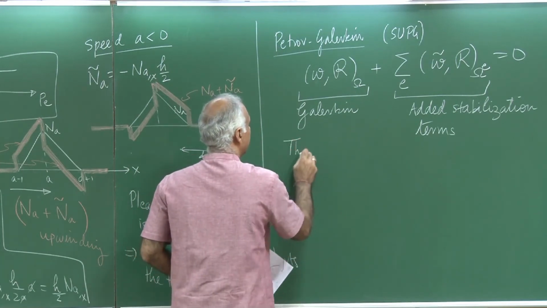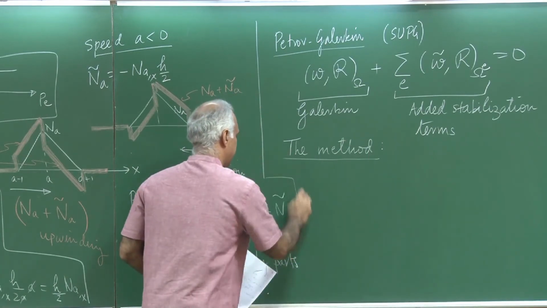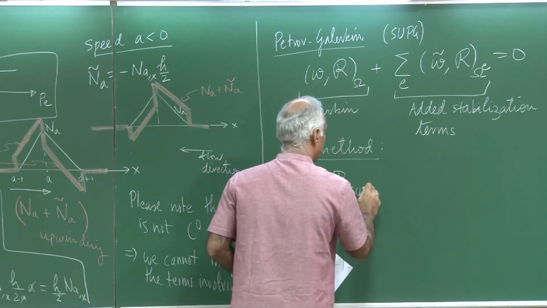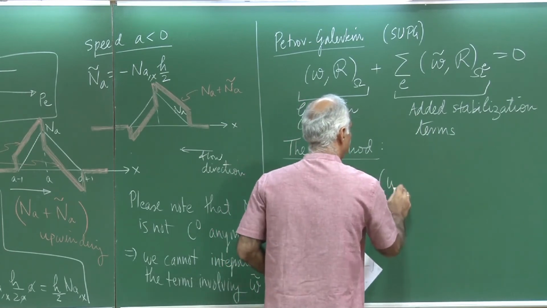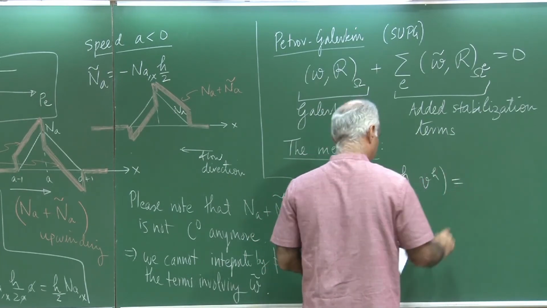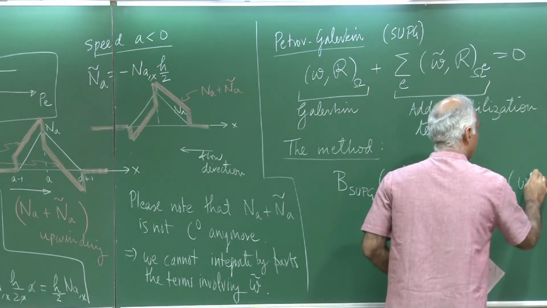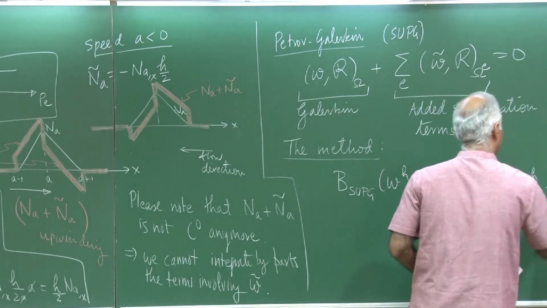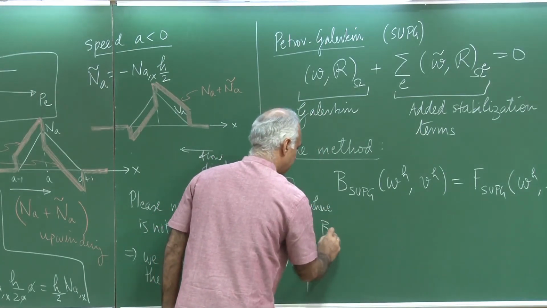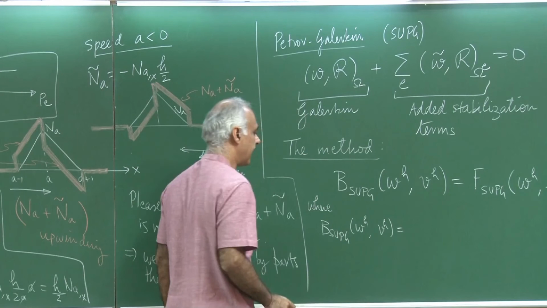So, therefore, the method is the following. More explicitly, I am going to write down B SUPG of WH, VH equal to F SUPG of WH times S, where my B SUPG consists of a Galerkin part.